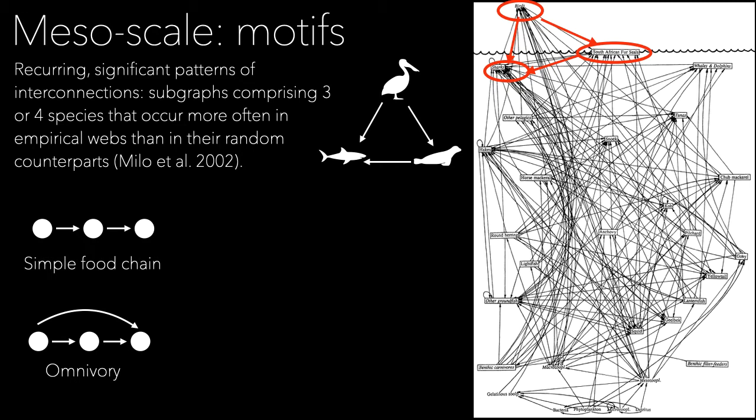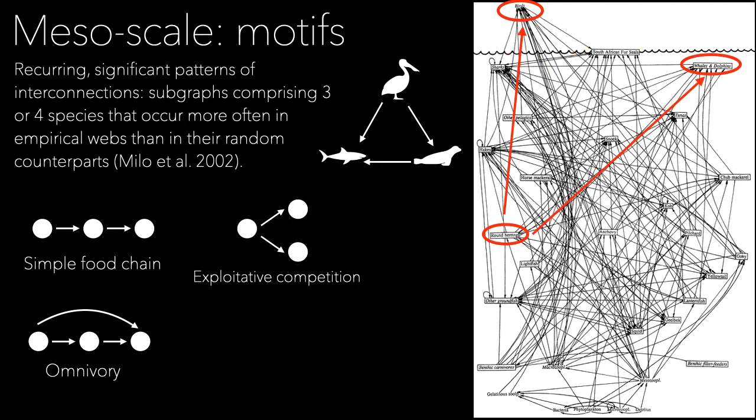Indeed, they are very common, and this type of feeding behavior is overrepresented. We observe this type of interaction more than we would expect just by random expectation, just by taking all species in a community and drawing random links among them.